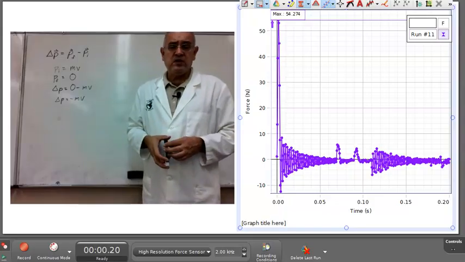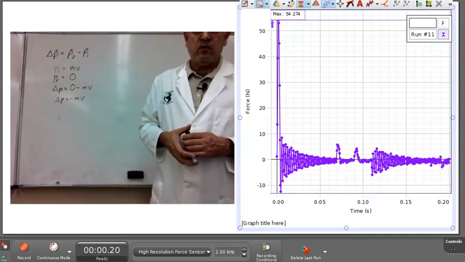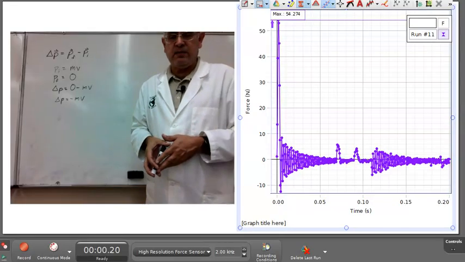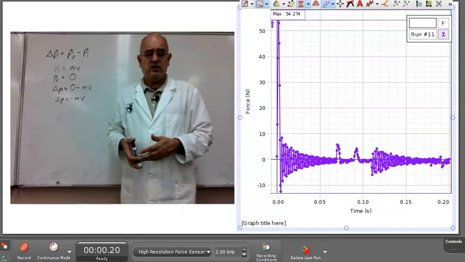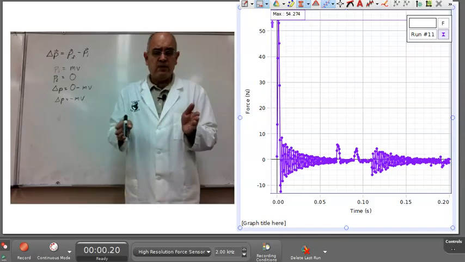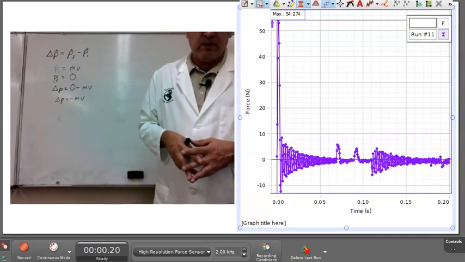And so on a force versus time graph, the area underneath the graph will give us an impulse. Because remember, force times time, anytime I have a product, I can represent that as an area. So if the height is force and the breadth is time, the area gives me the impulse, which is equal to the change in momentum.